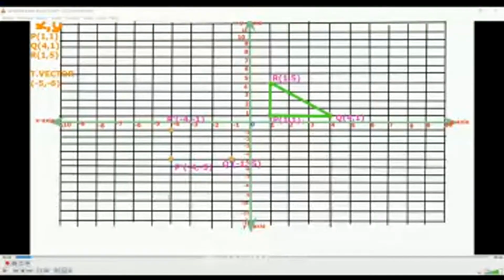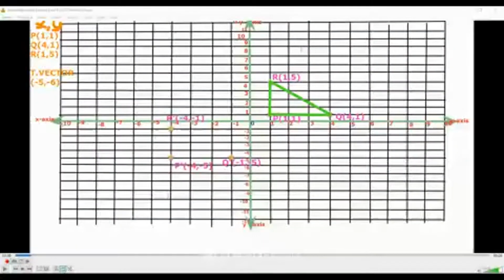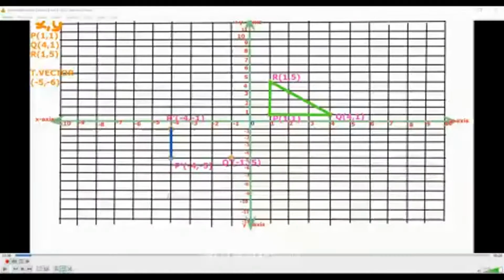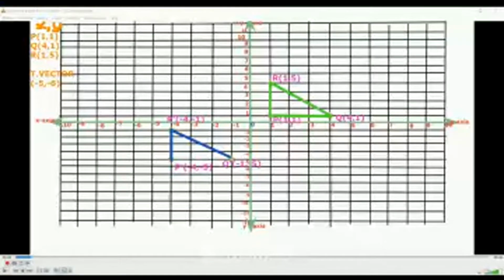Okay, so for R prime, you move 5 left, 6 down, and when you join the points together, you have this one.